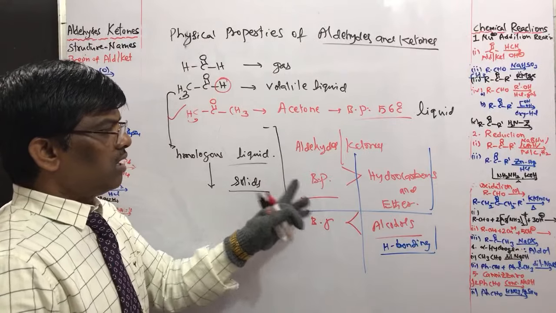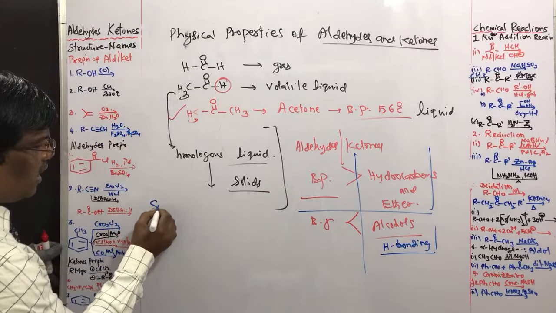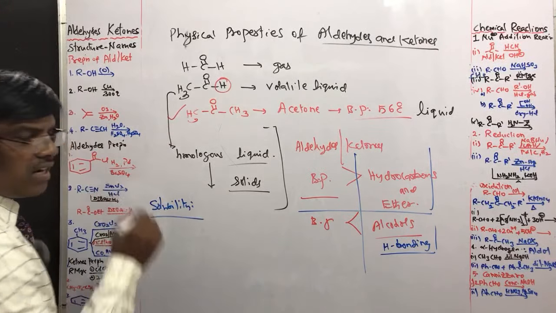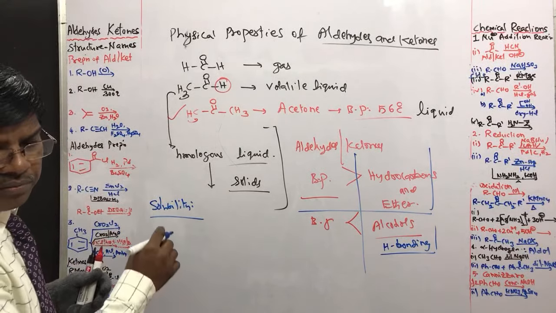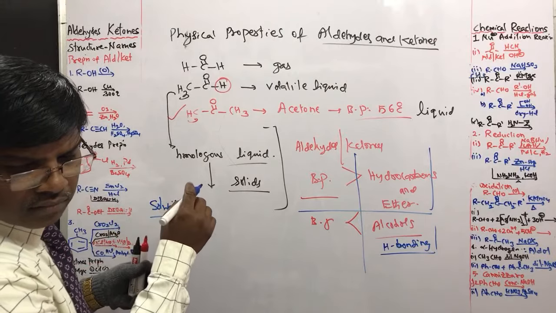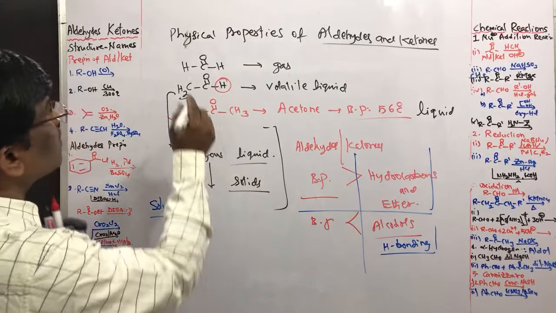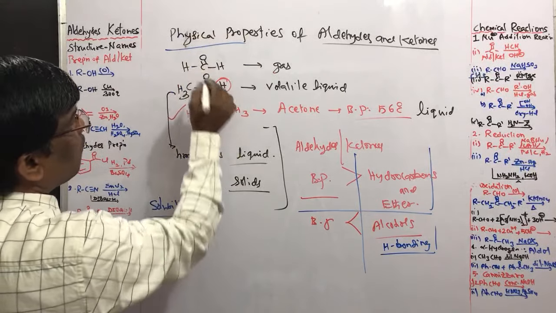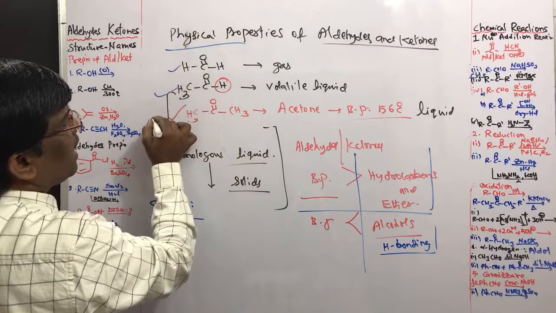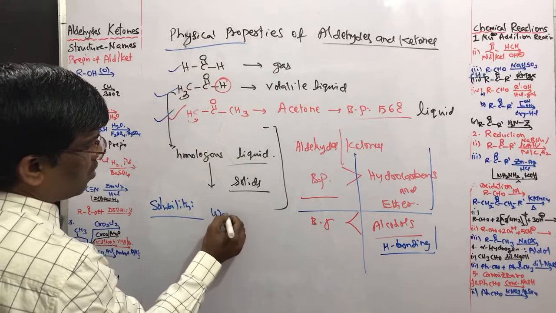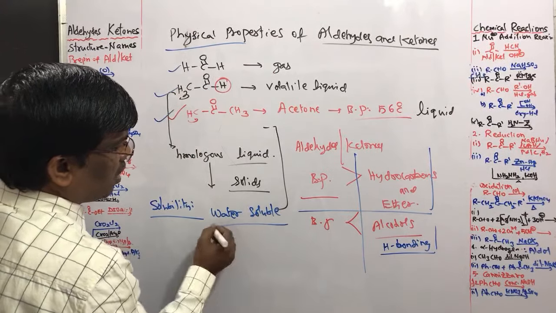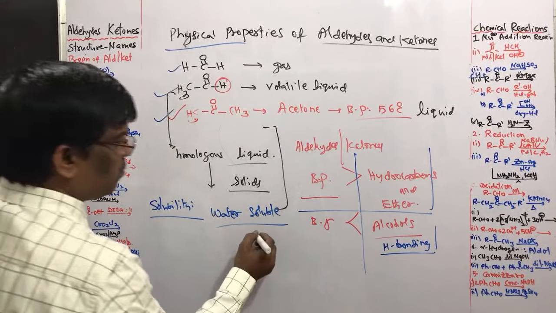And when it comes to solubility, yes, students, any guess? When it comes to solubility, formaldehyde, acetaldehyde, acetone are water soluble. So lower compounds are 100% water soluble, means miscible with water.